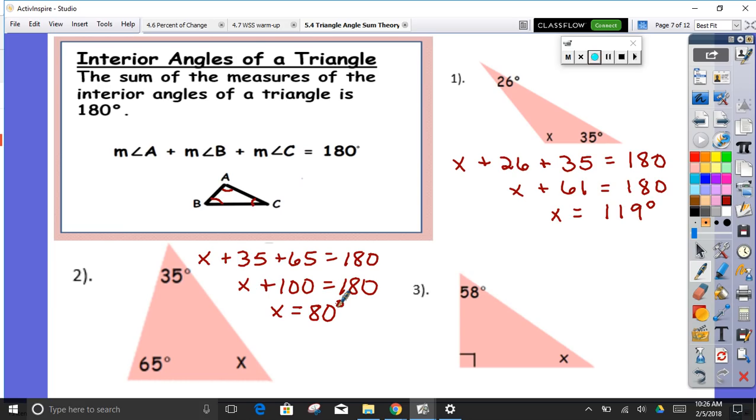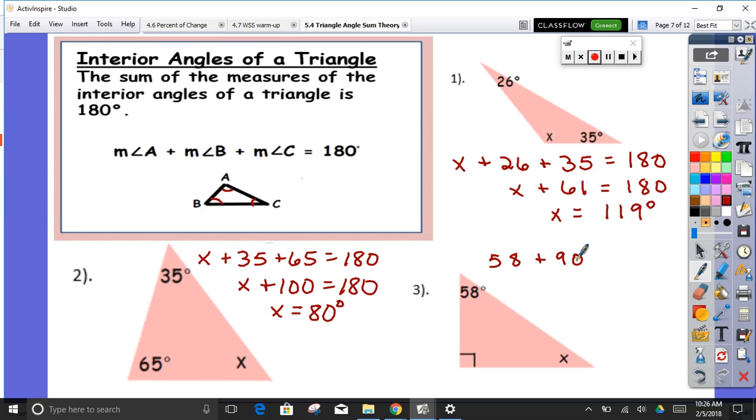Jimmy, try number 3. Let's finish the whole equation before we combine like terms. So 58 plus 90 plus what's the third angle? Jimmy, look at the other examples.